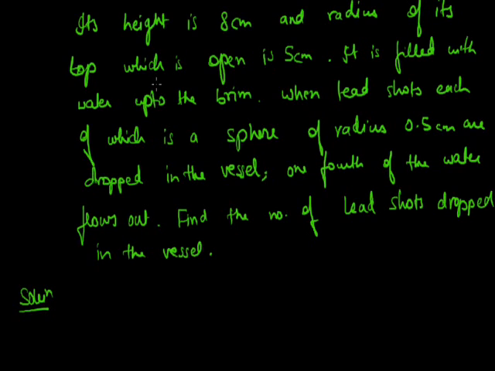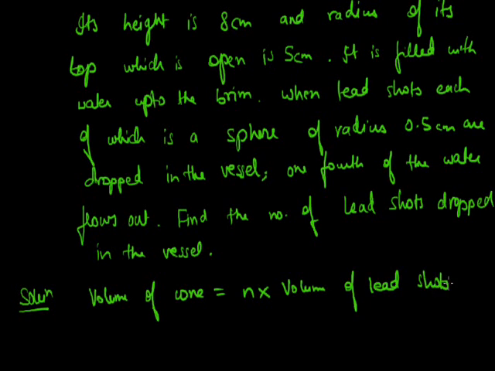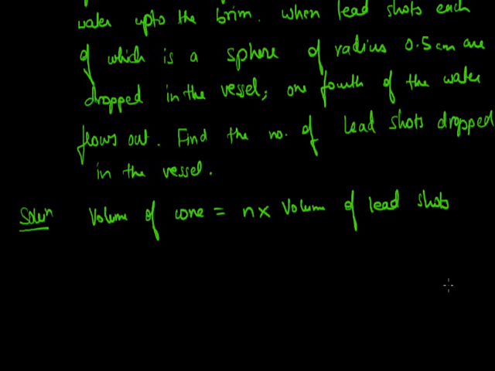So accordingly, 1/4 of the volume of the cone will be equal to n into the volume of a lead shot, and this lead shot is in the spherical shape.